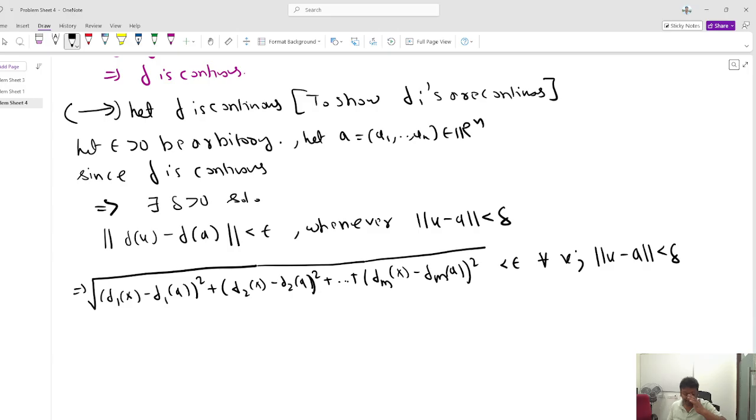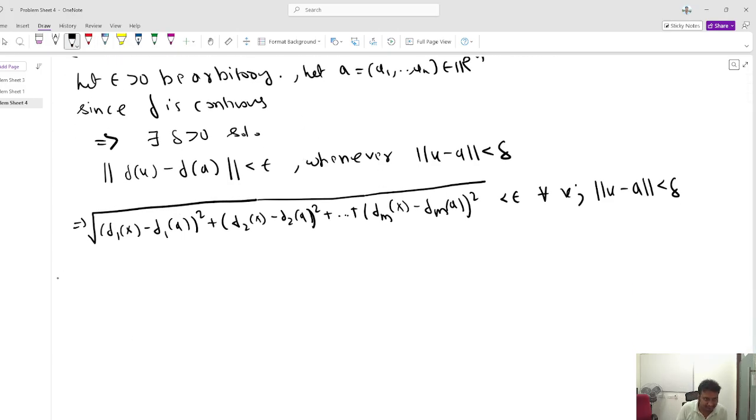Okay, well, if this is the case, observe one thing. Let me tell you like this. You know this, right? Mod a1 is always less than or equal to the square root of mod a1 square plus mod a2 square.